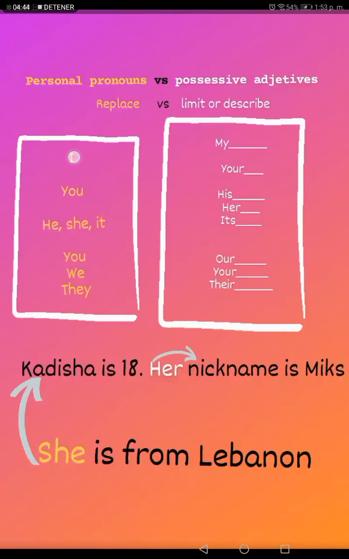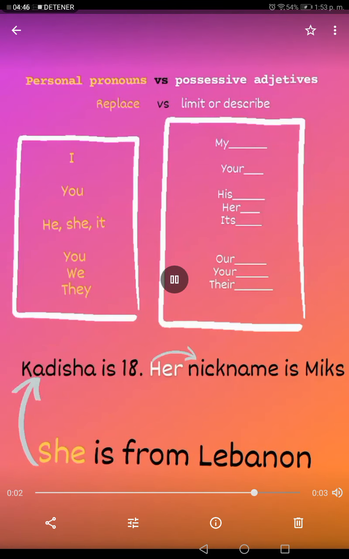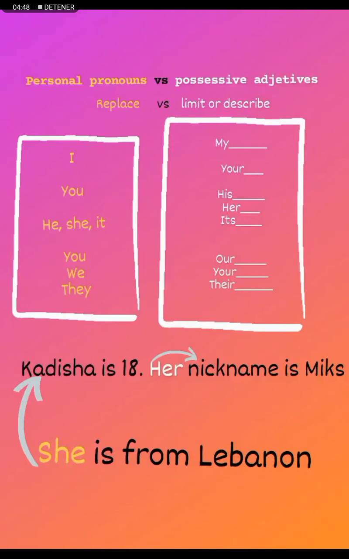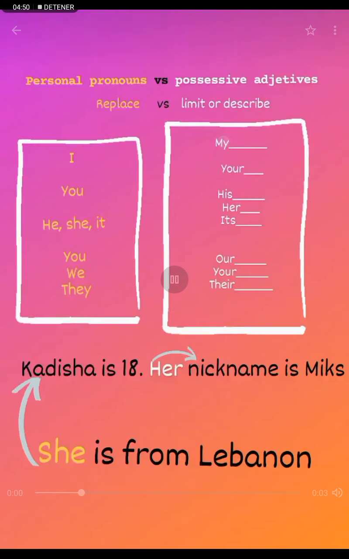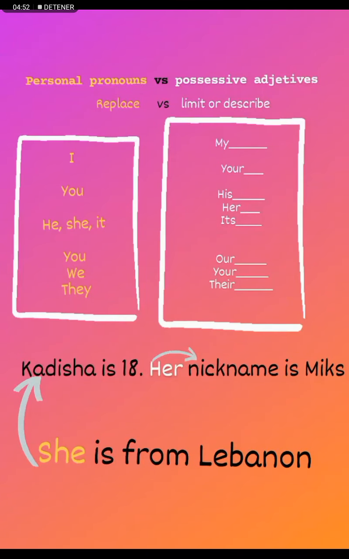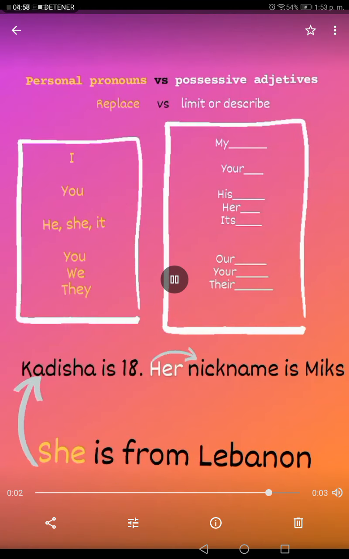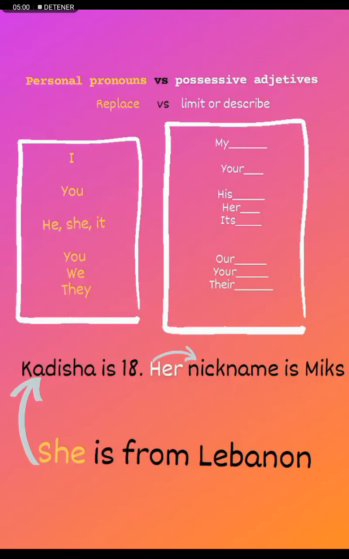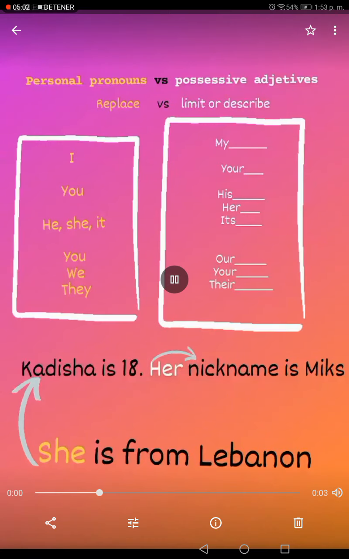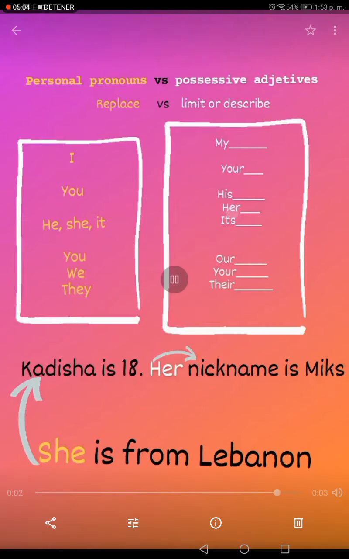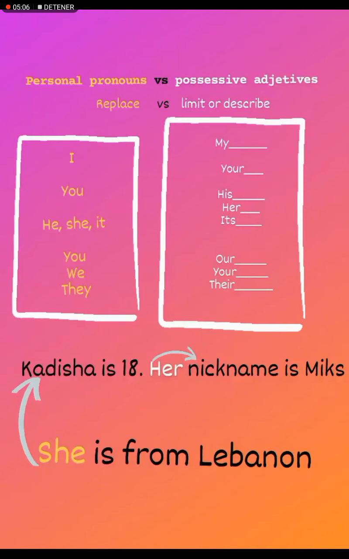So we have in the boxes I, my. It's like yo, mi o mío. You, your. Tú o tuyo. He, she, it, his, her, its. Él, ella, eso, esa, su, sus.